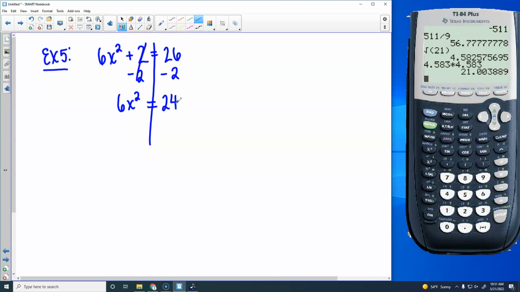Now, very good. We want to divide by that 6 because we want to get rid of it before the square. Right? Square's last thing in most cases. So we divide by our 6. What do we get when we do that, Owen? Very good. So once we get down just to that square root, we square root both sides. Square root of 4 is 2.